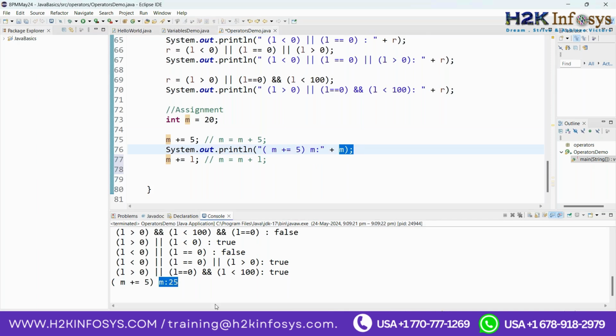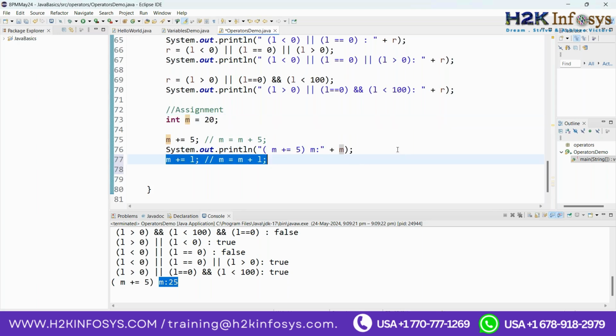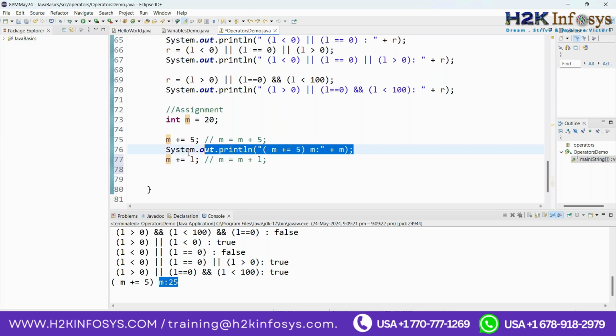So you should not take this value. Reason being, a variable can change its value during execution. So before this statement even executed, your m value changed to 25. That means what is the latest m value? 25. 25 plus 25? 50. That's it.